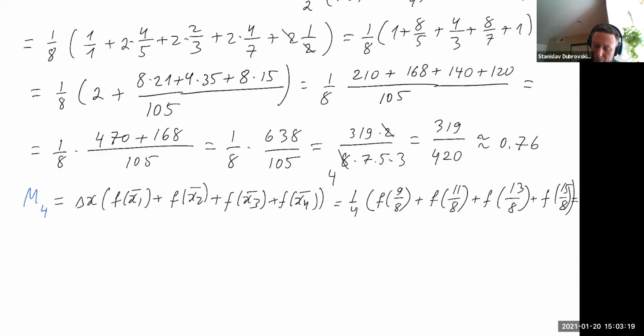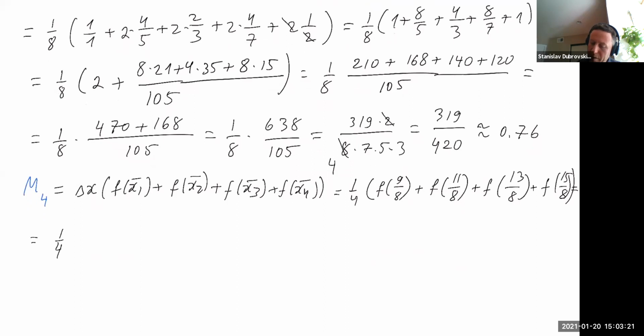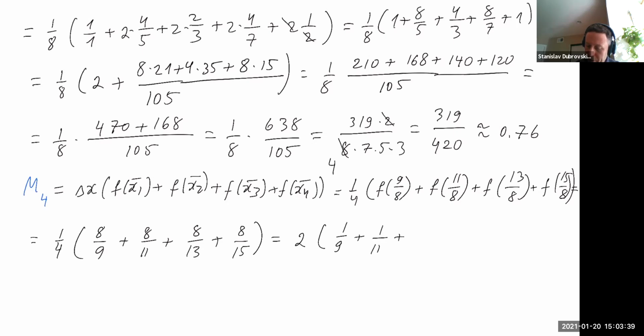So this will be equal to 1/4 times 8 ninths plus 8 elevenths plus 8 thirteenths plus 8 fifteenths. So if I take 8 outside, I'll gain 2, and then I'll be left with 1/9 plus 1/11 plus 1/13 plus 1/15.